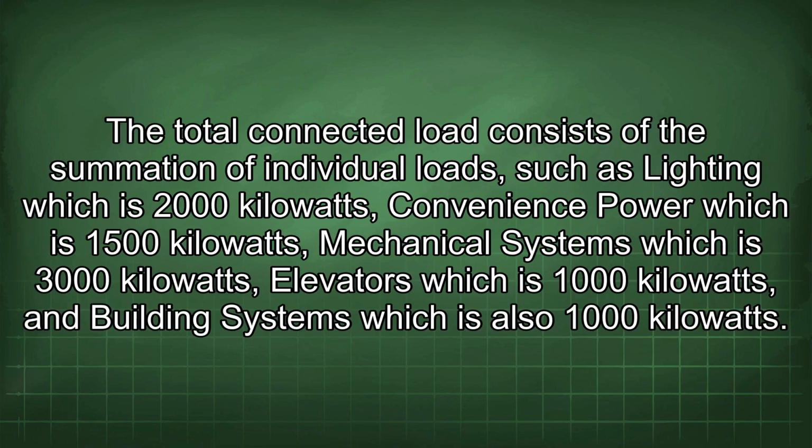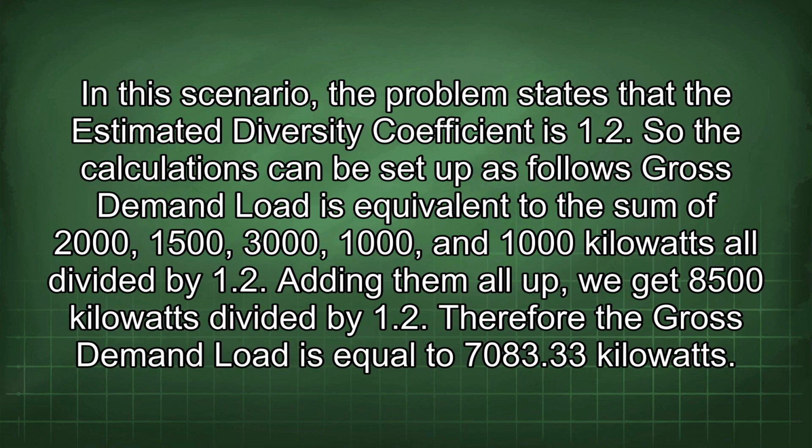The total connected load consists of the summation of individual loads, such as lighting, which is 2000 kilowatts, convenience power, which is 1500 kilowatts, mechanical systems, which is 3000 kilowatts, elevators, which is 1000 kilowatts, and building systems, which is also 1000 kilowatts. In this scenario, the problem states that the estimated diversity coefficient is 1.2.